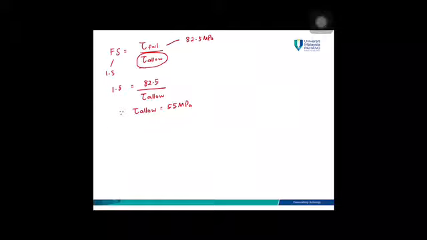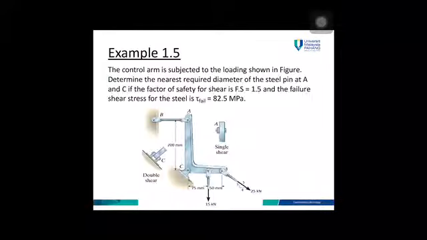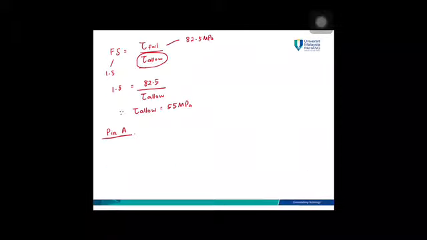Now we will calculate the diameter for pin A. From the question, pin A is single and pin C is double. So remember the single and double. This is a single shear.